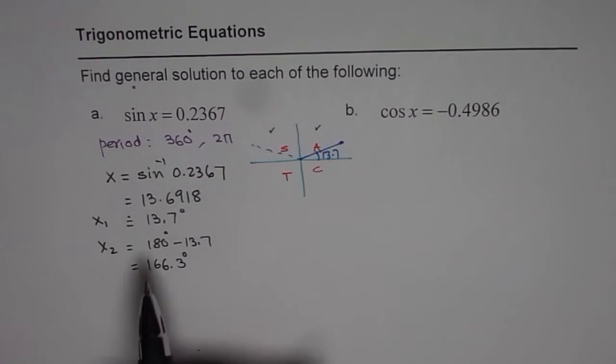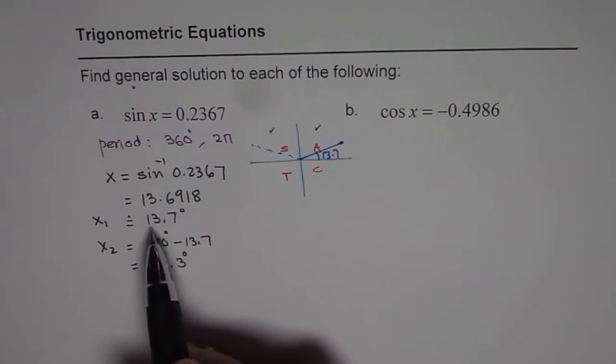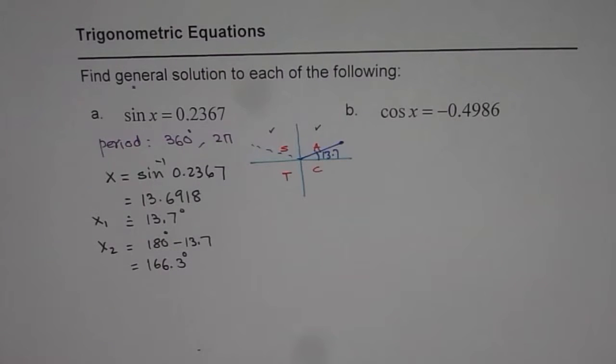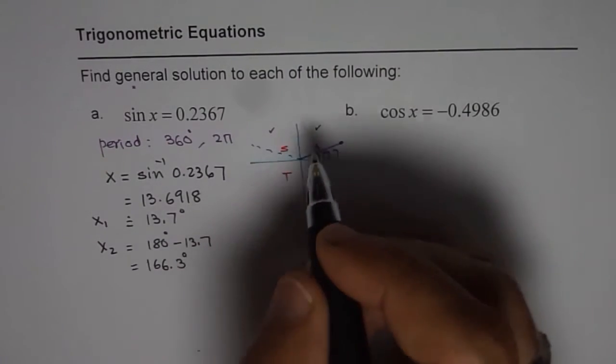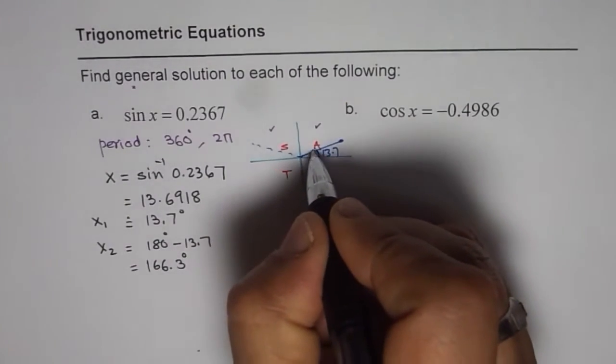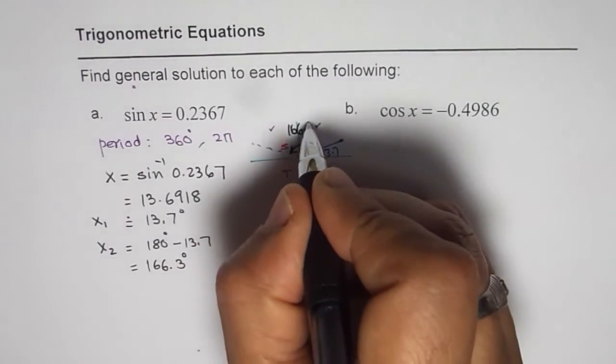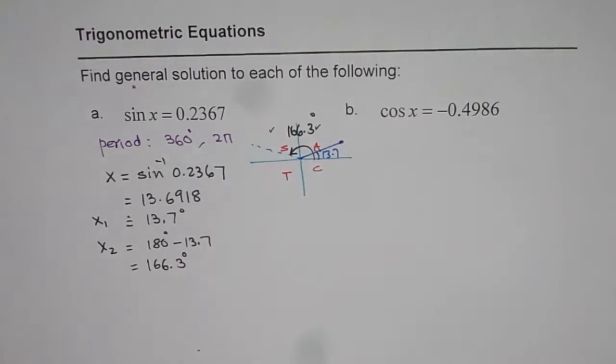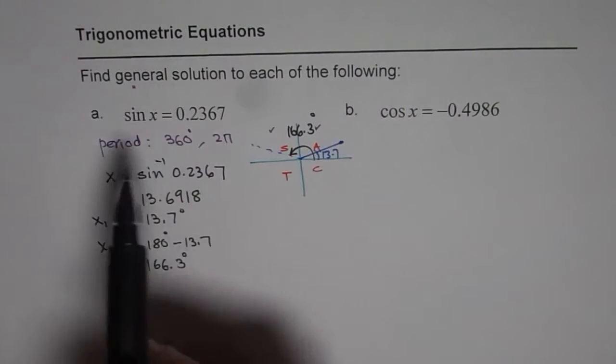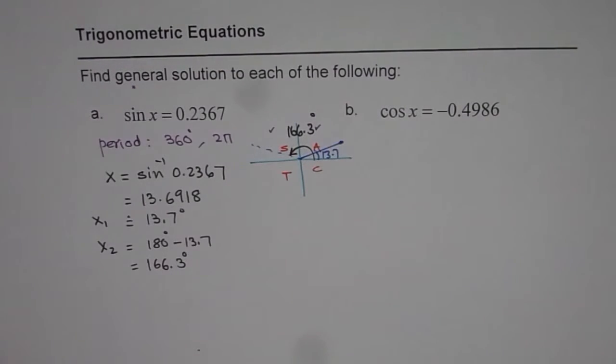In this video we are doing them in degrees; you can convert your setting to radians and do it in radians in a similar fashion. Now the question is how to provide the general solution.